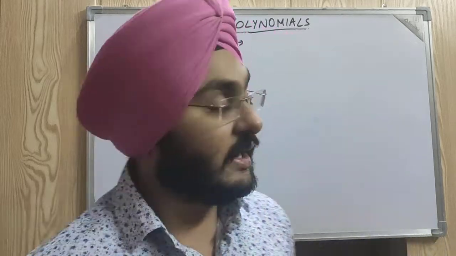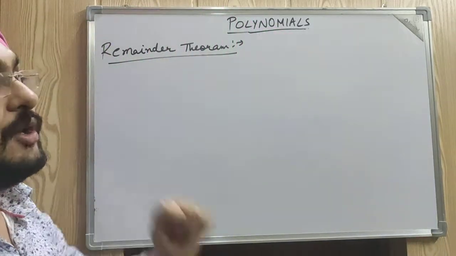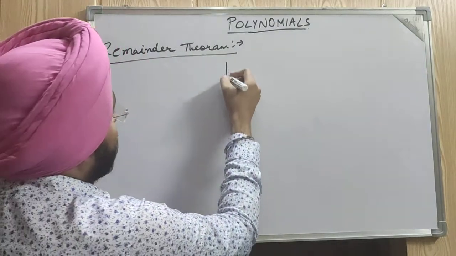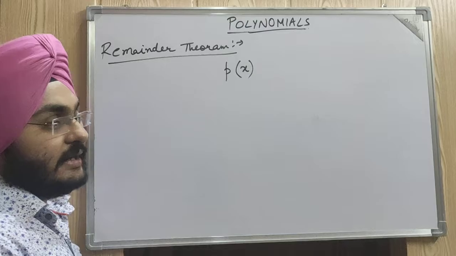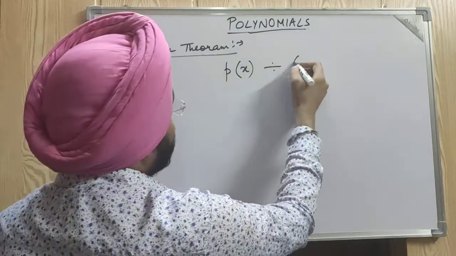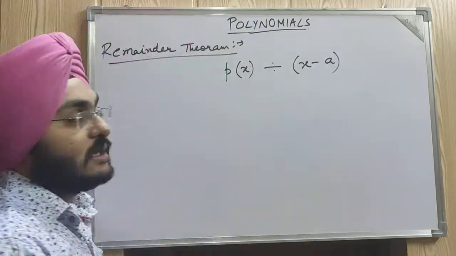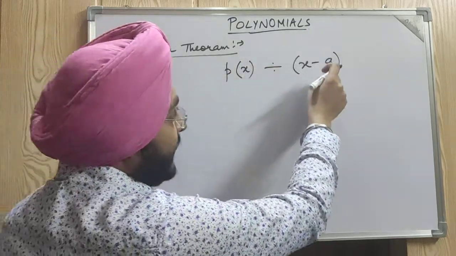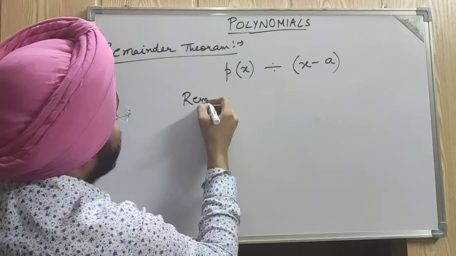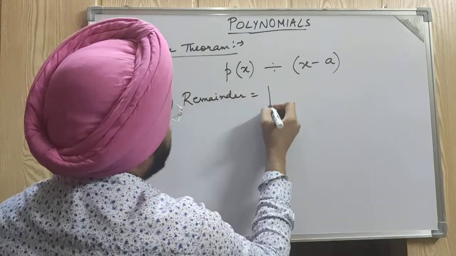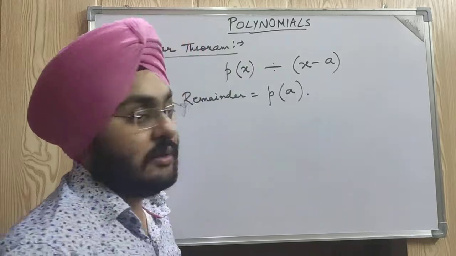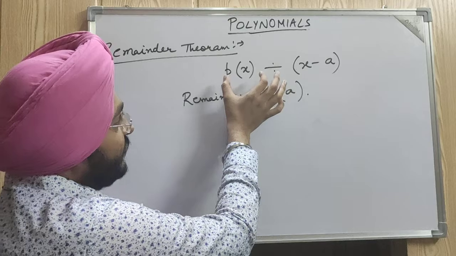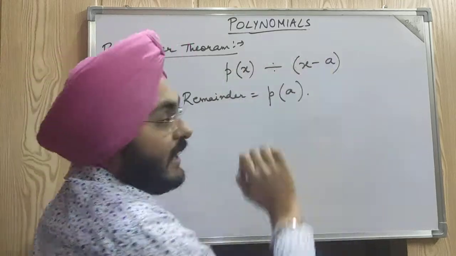Our next topic is the remainder theorem. Basically I will write the remainder theorem in this way. Suppose we are given a polynomial p(x), and we have to divide this polynomial by x minus a.